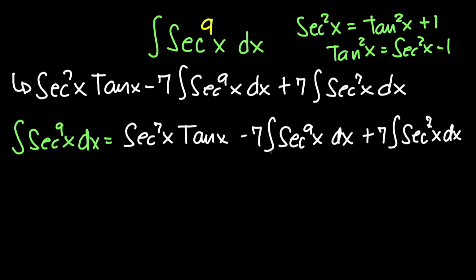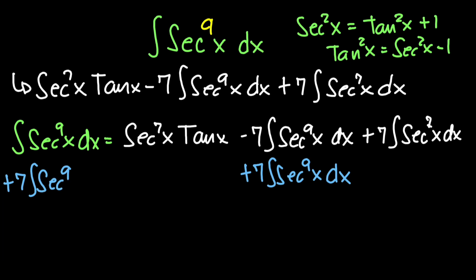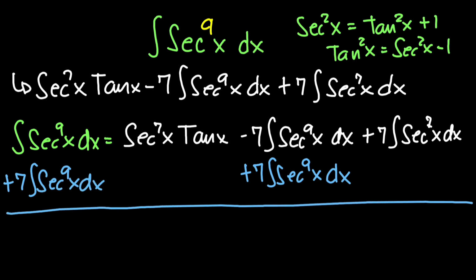And now, since what we have here is a negative 7, we would need to add plus 7 integral of secant to the power 9 of x of dx to both sides. And for this one, it is an automatic 1 value in here.